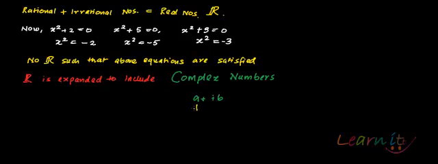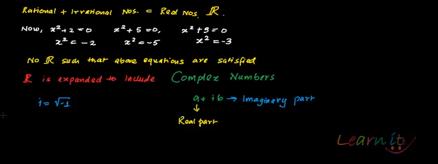Complex numbers are written in the form a plus iota b, and a is known as the real part, and this b is known as the imaginary part of the complex number.